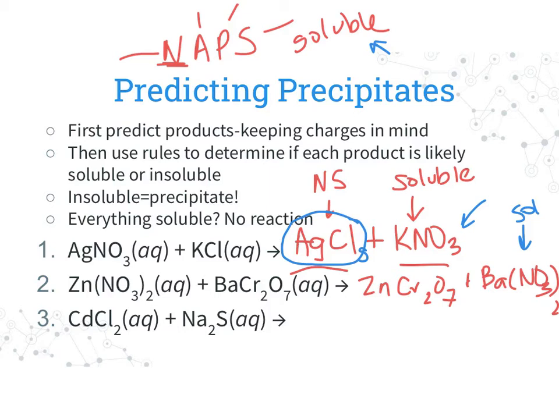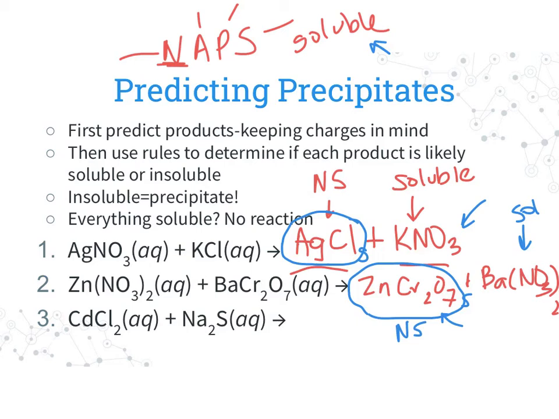Now this one over here, Cr2O7, it's not on our list, and it's also not in NAPS, so I'm going to say that it is insoluble. Most things that aren't on our list are going to be insoluble, so not soluble, so it'll be S. So if it's not on that slide that I showed you with the solubility rules, it's probably insoluble.